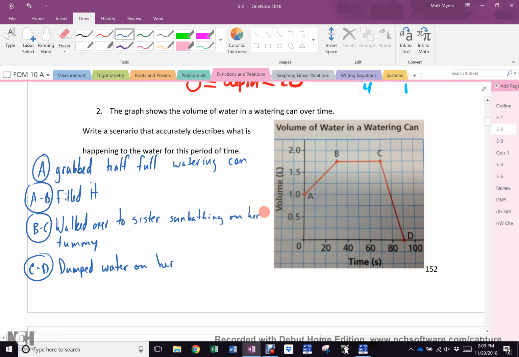I mean, mine took 10 seconds for the water to come out. 1, 2, 3, 4, 5. I dumped the water at full speed out of the watering can. She started to run away. I was still dumping the water. You just standing there like this? Yep.